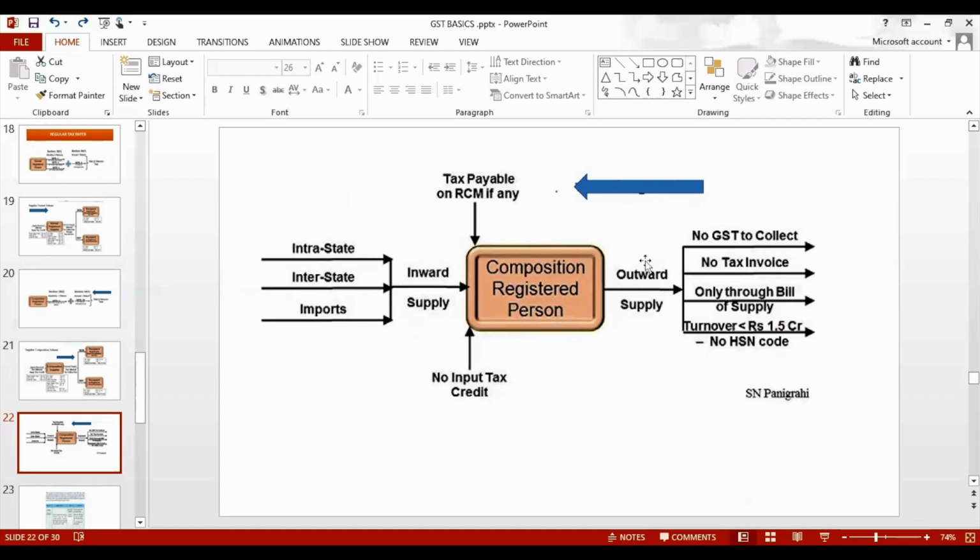For outward supplies, there is no GST collected and no tax invoice through the bill. And the main important thing, there is no 1.5 crore limitation. There is no HSN code either. I explained the HSN code in an earlier slide. So we can understand now. Next slide, I'm explaining the forms displayed in the GST portal. What are the forms?